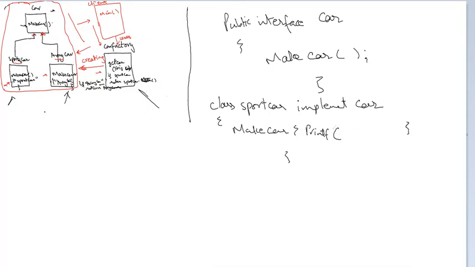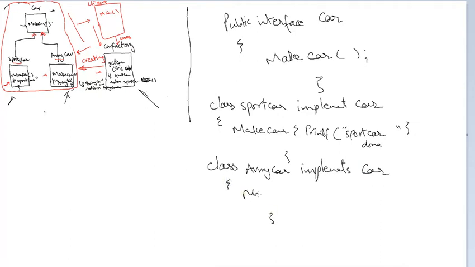I can write sports car, done. So it is completed, it says this. And then our next class is class army car implements car. So now we are again going to have another implementation of the make car function.